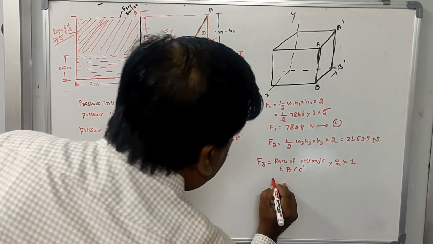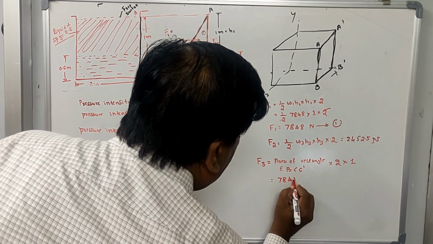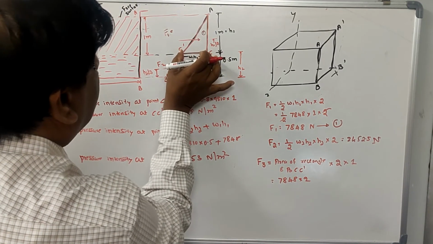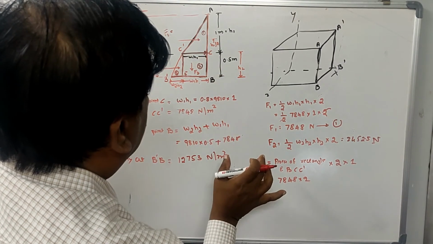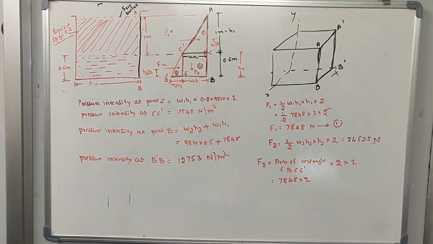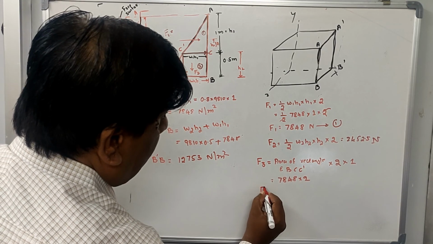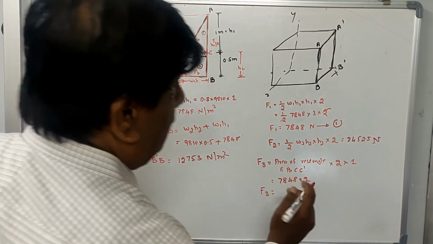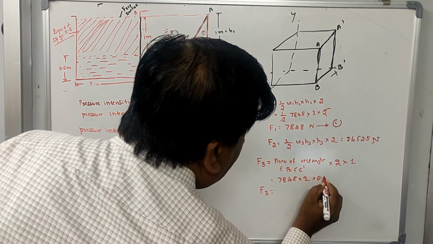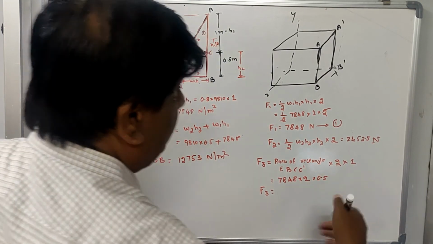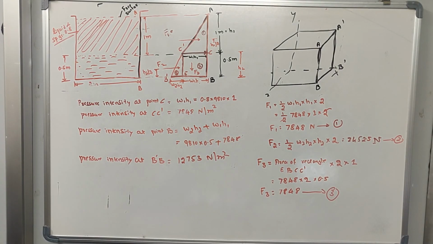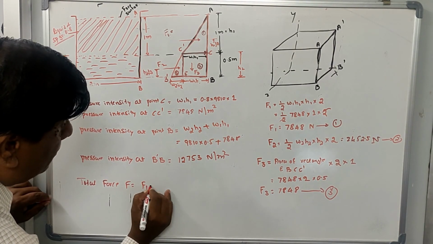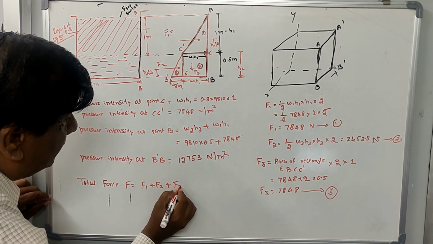Area of this is 7,848, so F3 is equal to 7,848 multiplied by 2 into height, which is 0.5, into 2. So total force F is equal to F1 plus F2 plus F3.